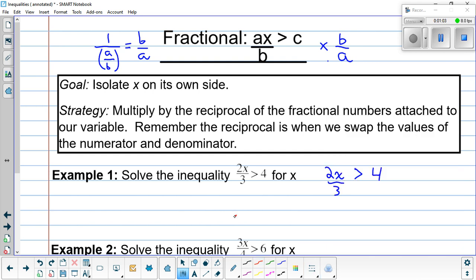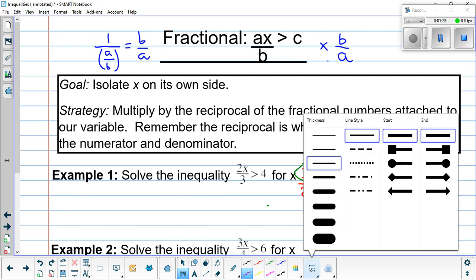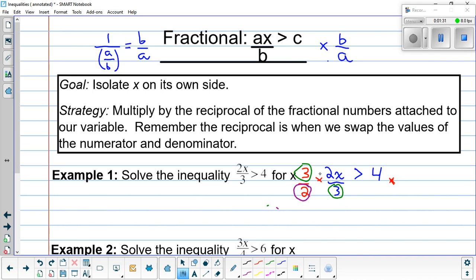Like I said, we're going to multiply by the reciprocal. So same thing we did with the multiplication, but instead of just multiplying by one number, we have to multiply by 2. So instead of just multiplying by this 3, so the 3 over 3 makes 1, now we have to also divide by 2, so the 2 over 2. This 3 and this 3 cancel each other out, and so the 2 and the 2 do the exact same thing.